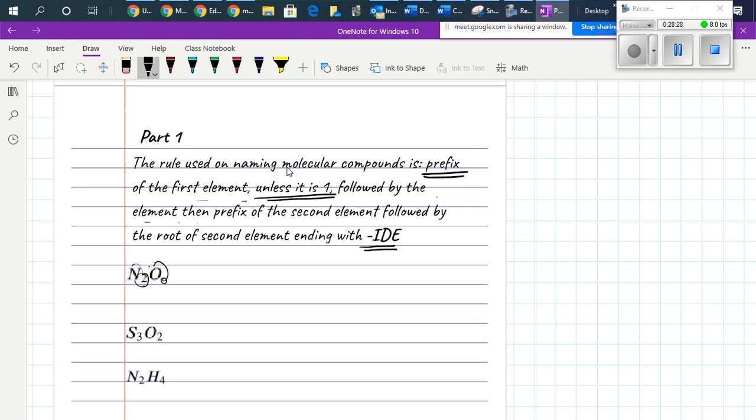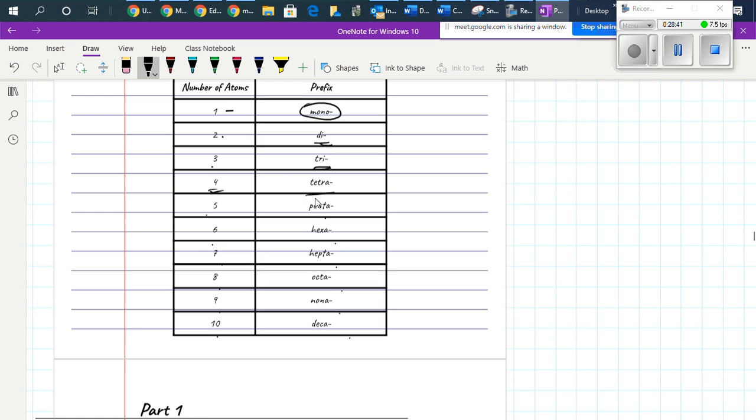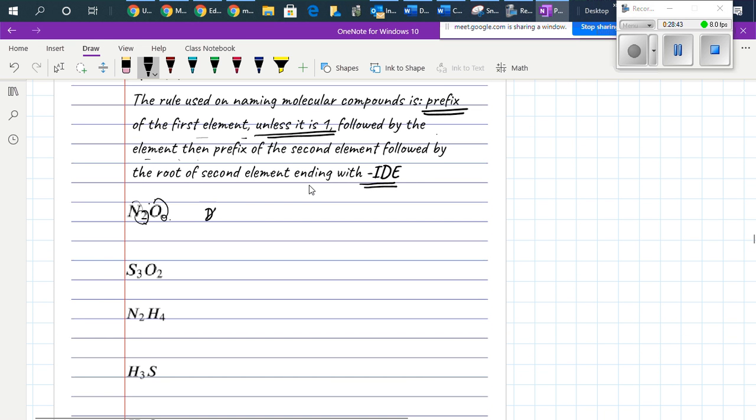So we have here N2O. The 2 we said is di, okay? Dinitrogen monoxide. Now we have sulfur 1, oxygen 2.